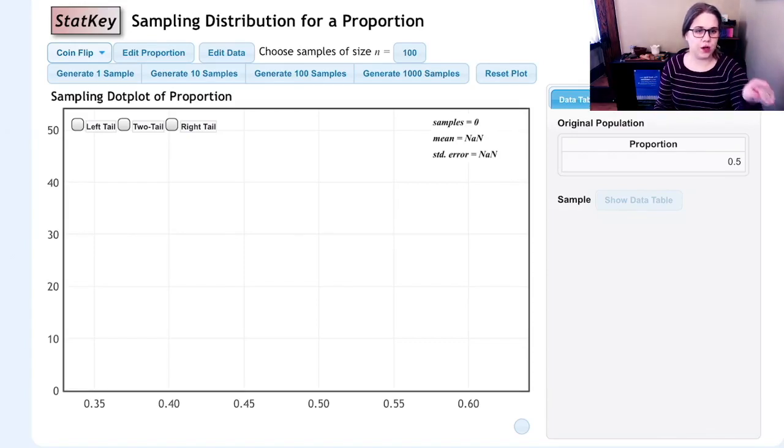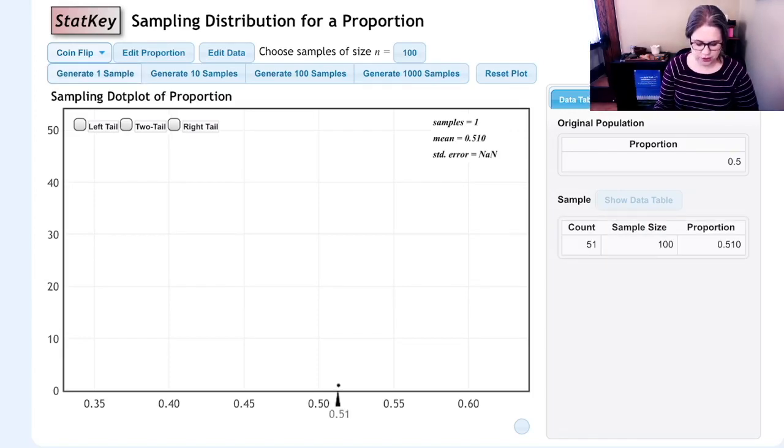So again, we know that the true population proportion is 0.5. If we could take infinitely many coin flips, the overall proportion would be 0.5. But we're going to take samples of size 100. So we're going to have the computer flip the coin 100 times and tell us what proportion were tails.